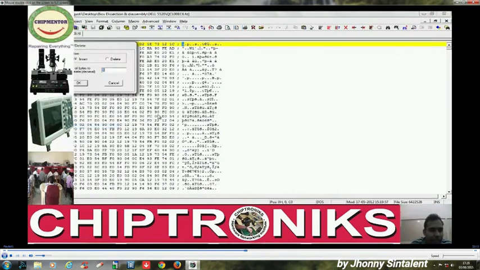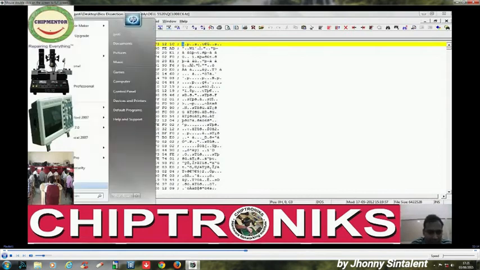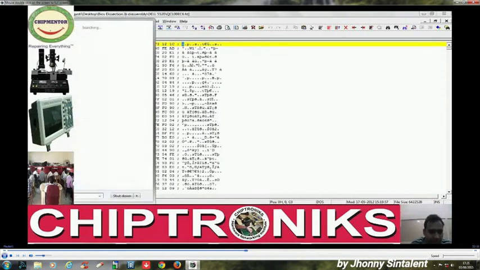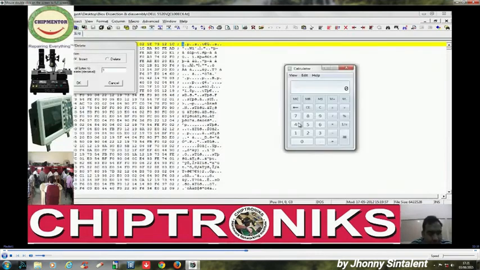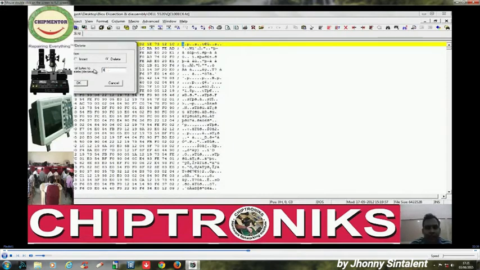So 4 MB of data is how many bytes? You use a calculator. 4 MB is 4 into 1024 KB, multiplied by 1024, that will give you bytes. So 419434, you delete, starting 419.